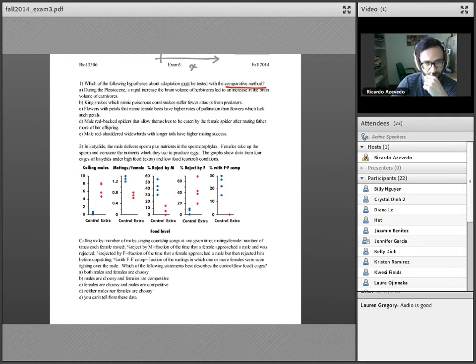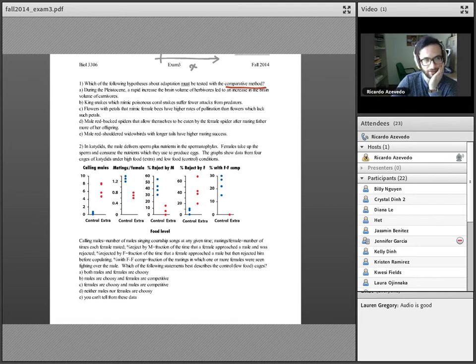I should talk about the color. So in control is low food, and extra is high food. So blue is low food, red is high food. Which of the following statements best describes the control, low food?